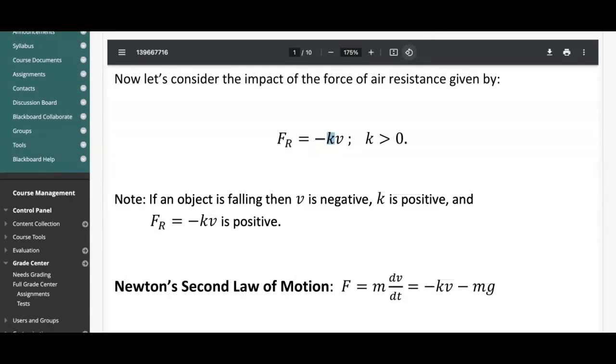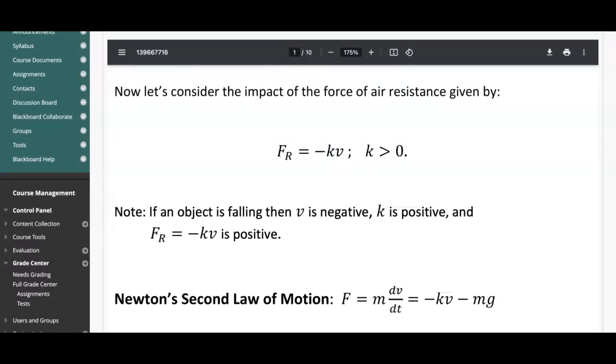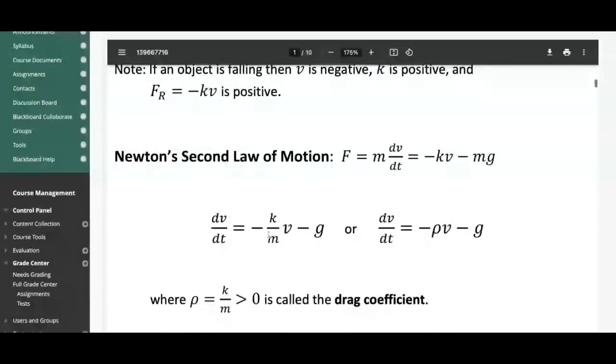David? Aren't the forces going in opposite directions though? So how are they both negative? F equals negative kv minus mg. Isn't friction going up and gravity pulling down? Air resistance going upwards? Yes, if something's falling, then, oh, I see your point.